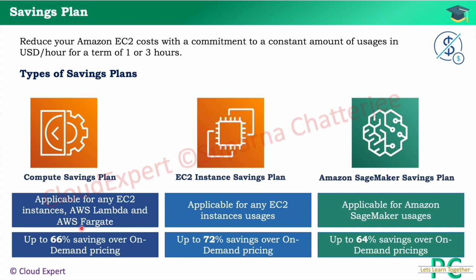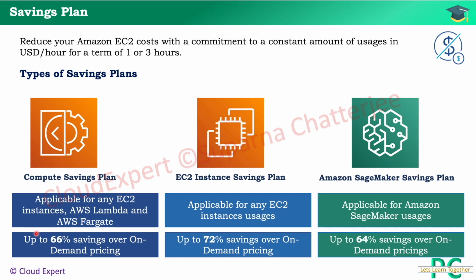If you select Compute Savings Plan, it will be applicable for any EC2 instances, even your AWS Lambda, ECS or AWS Fargate usage. But the Instance Savings Plan is only applicable to EC2 instance usage. On the other hand, if you select SageMaker Savings Plan, it will only be applicable for your SageMaker usage.